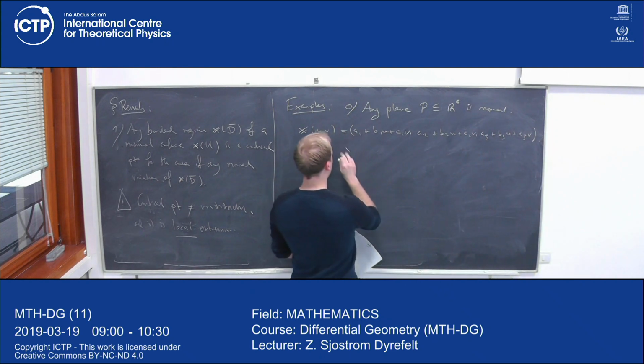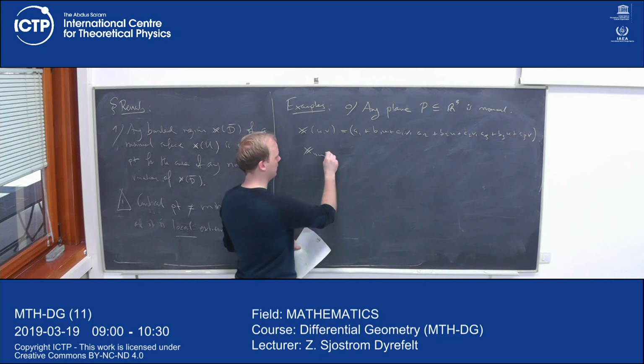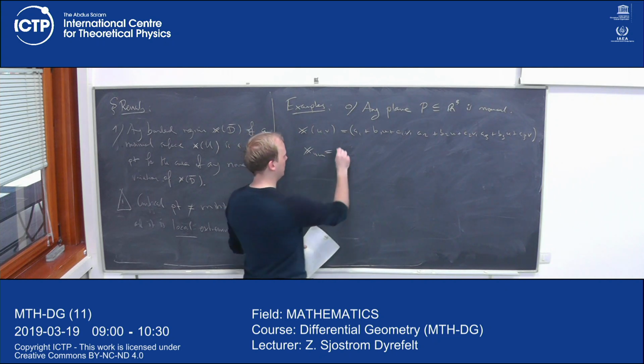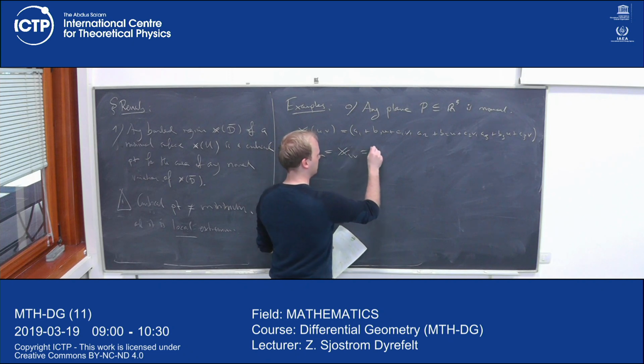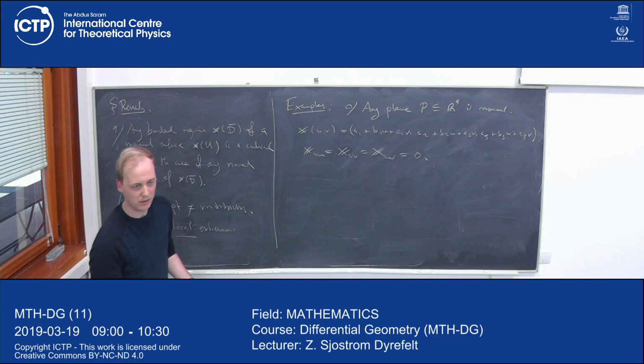So if you take this vector and differentiate twice, you get 0. When you differentiate twice, with all of these things, you get 0.